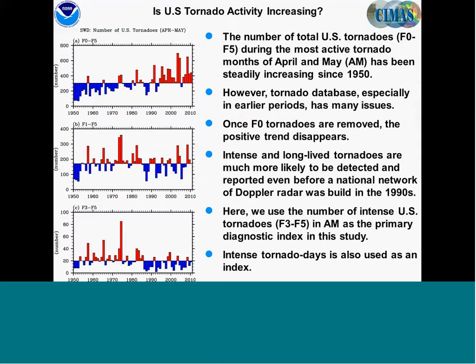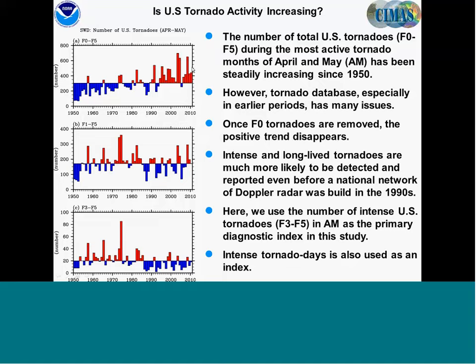If you take a look at the number of total U.S. tornadoes during the most active tornado months of April and May, you can see that the number of tornadoes has increased since 1950. It has almost tripled during this 60-year period.